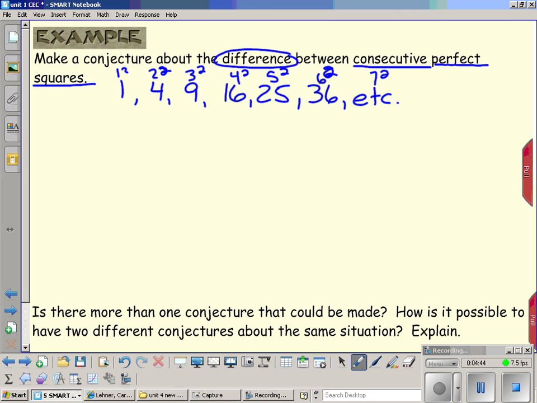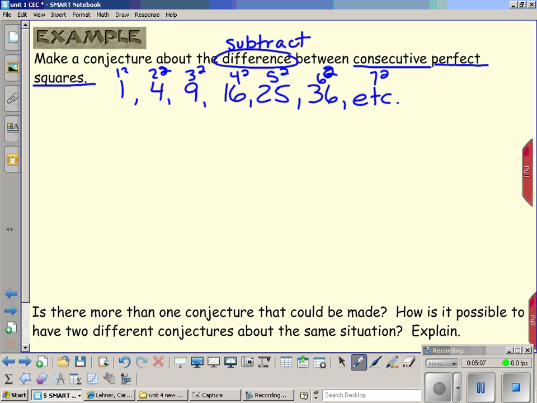Difference is what happens when you subtract them. So what we want to do, if we take 2 consecutive perfect squares, so say 4 and 9, and we subtract them, we would get 5. We want to make a conjecture about what we think will occur every time.